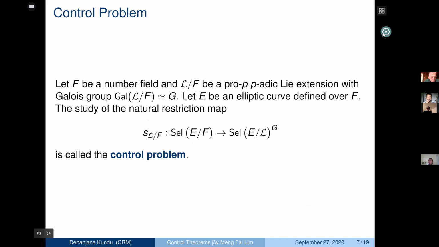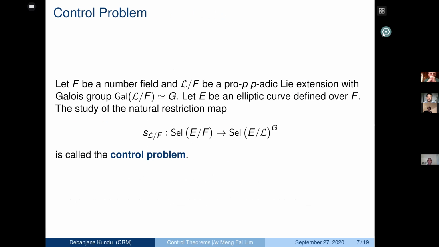Now, my title also said control theorem. So what are control theorems? Mazur, in that 1972 paper, realized that there's this natural restriction map going from the Selmer group. Whenever I say Selmer or fine Selmer, I really mean the p-primary Selmer or p-primary fine Selmer.